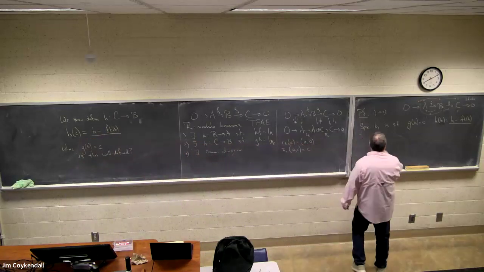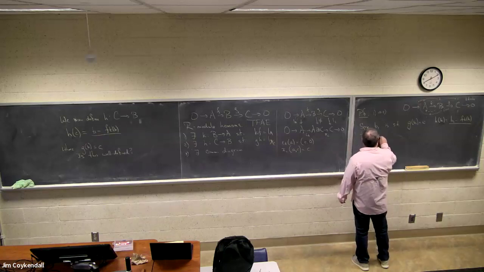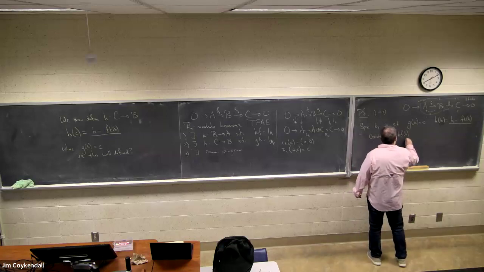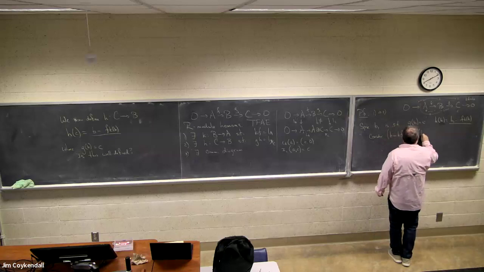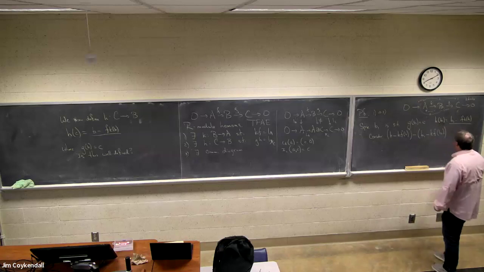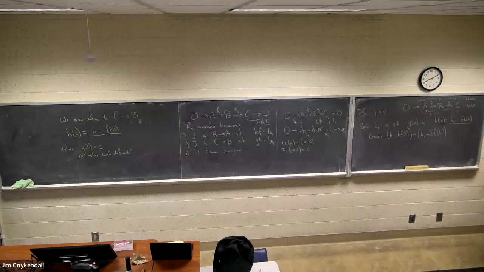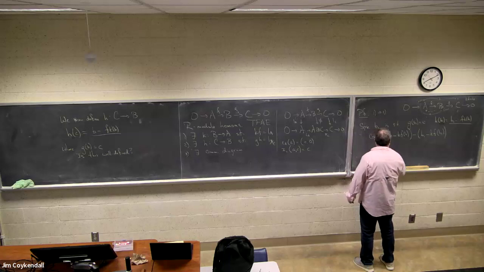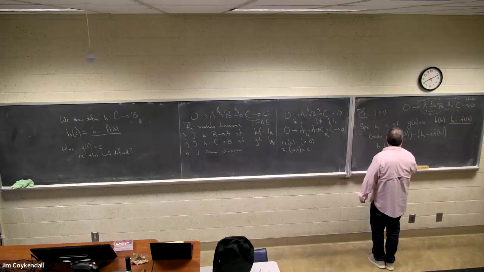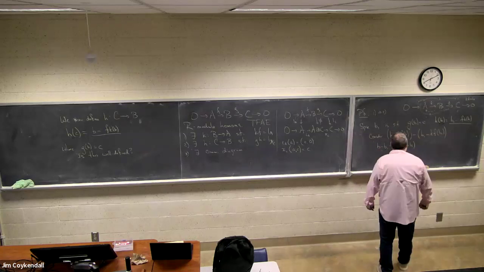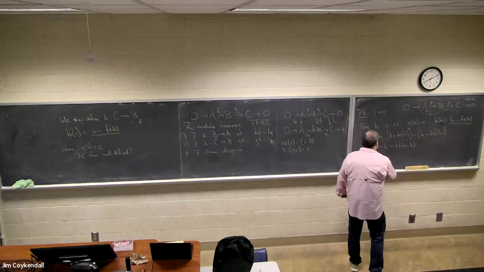Now consider the difference between the two choices I made, depending on the choice I made, B and B1. This is B minus B1 minus KF.